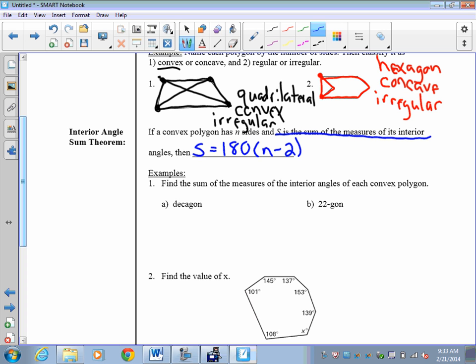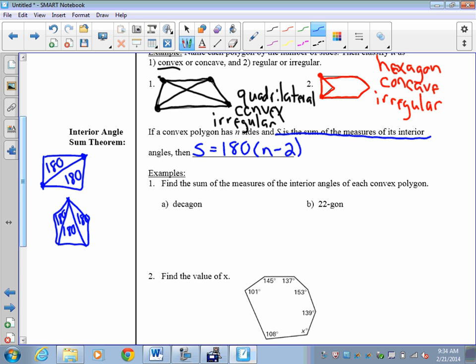So there's a very easy way to show this. If I take a quadrilateral, I can make 2 triangles. And remember, the sum of these angles for the triangle is 180. That's one of the big ideas we should remember. So if I have a pentagon, whenever I connect all of these, again, I have 180, 180, 180.